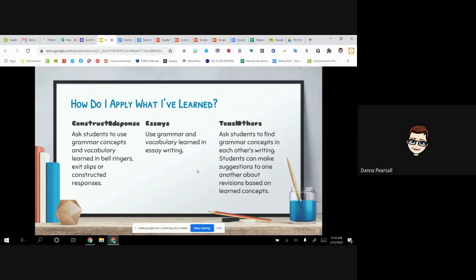And let's say they don't find the comma before the fanboy that you want them to integrate. So students can suggest, hey, you can combine these two sentences and use a comma before the fanboy, and that's going to vary your sentence, and it's going to help both kids learn how to use that concept.